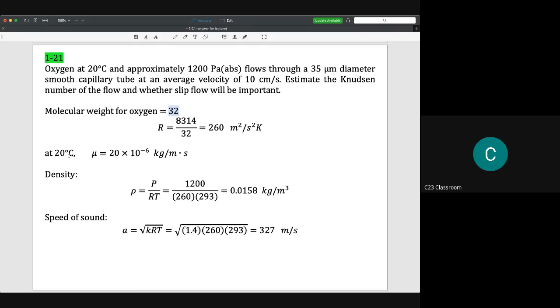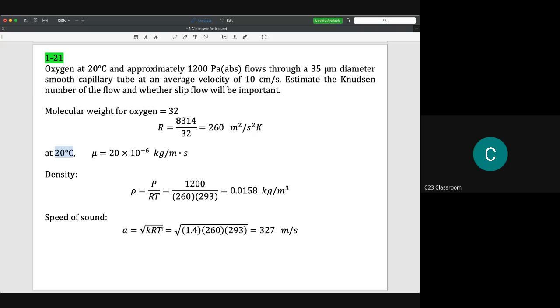And then from the common table of oxygen, we could get at 20 degrees Celsius, the dynamic viscosity is 20 times 10 to the power of minus 6 kilogram per meter second. And then we could estimate the density is 0.0158 kilogram per meter cube.